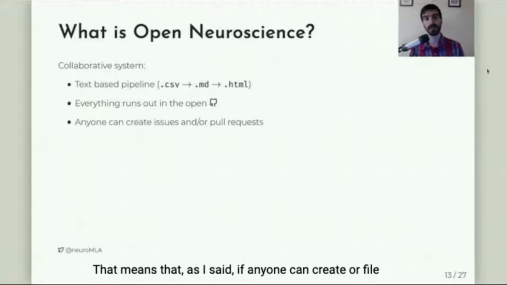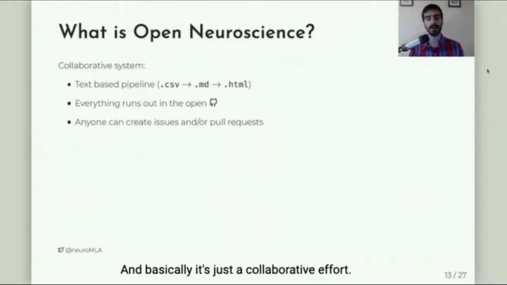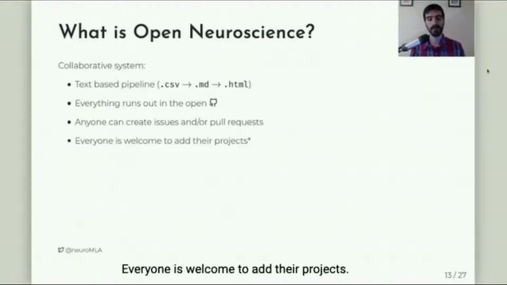That means that, as I said, anyone can create or file issues or even create pull requests that we can evaluate to see whether we can change something on our site or not. Basically, it's just a collaborative effort. Everyone is welcome to add their projects.